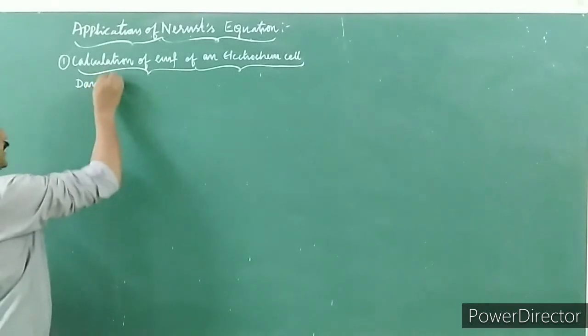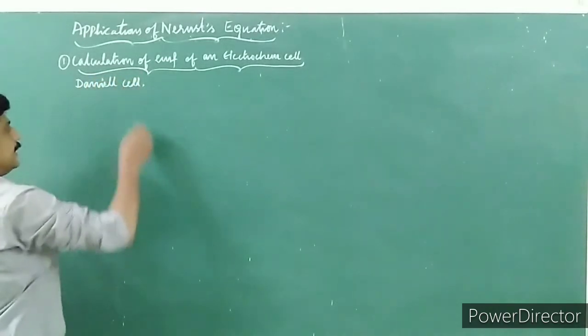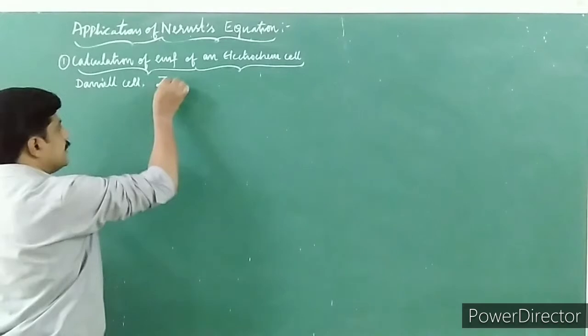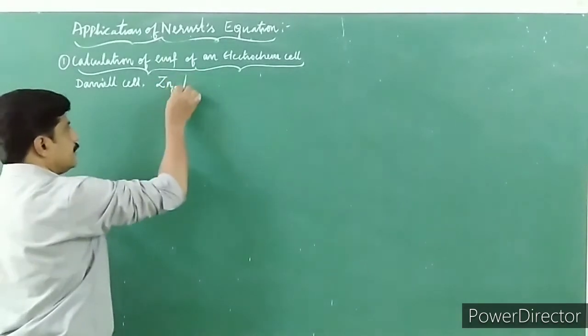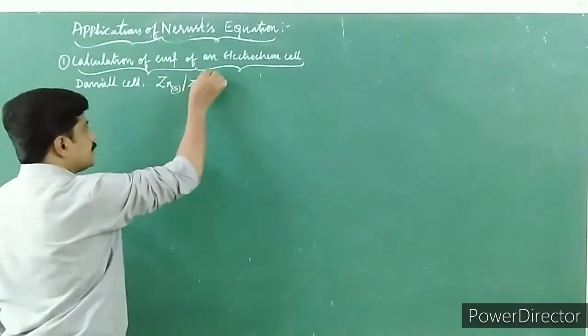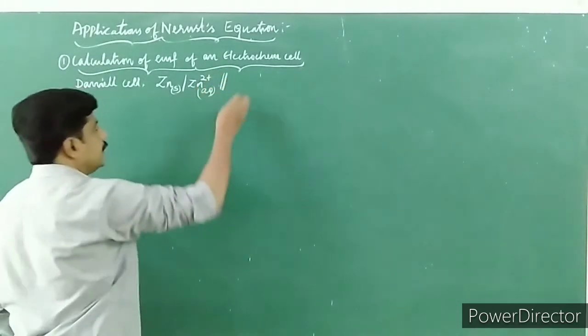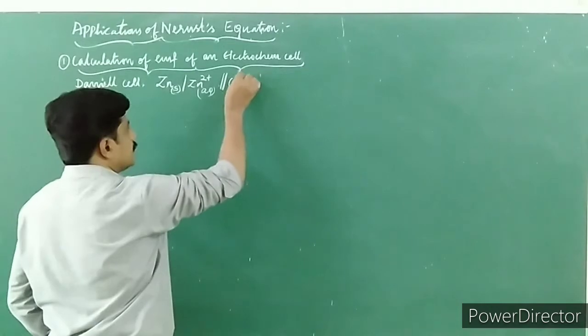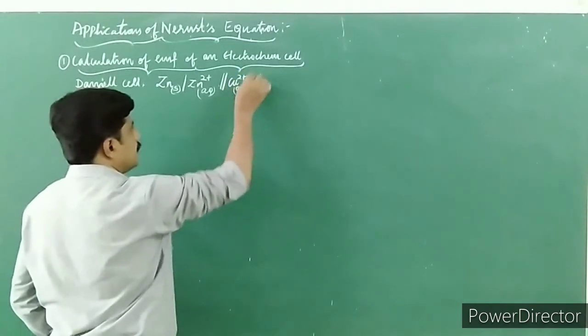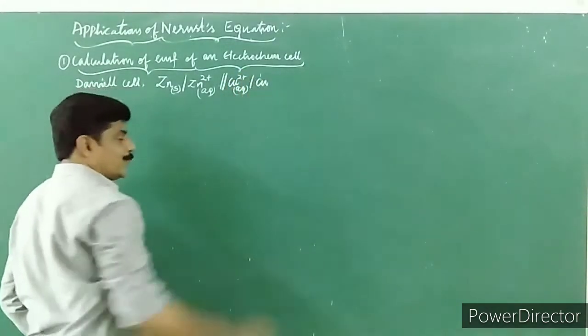Children, the Daniell cell can be represented as Zn(s) | Zn2+(aq) || Cu2+(aq) | Cu(s).